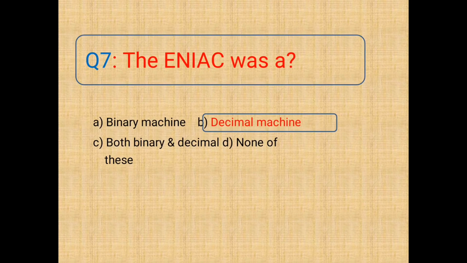Question number 7. The ENIAC was A binary machine, B decimal machine, C both binary and decimal, D none of these. So ENIAC was a machine which works on decimal digits. So in this case the correct option is B, decimal machine.